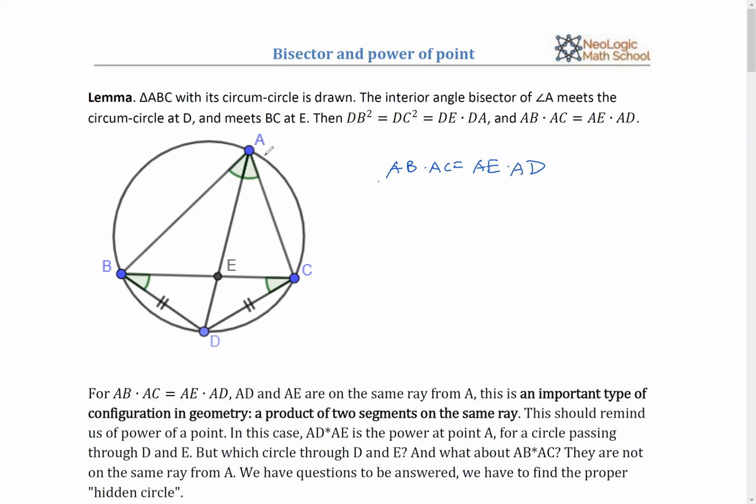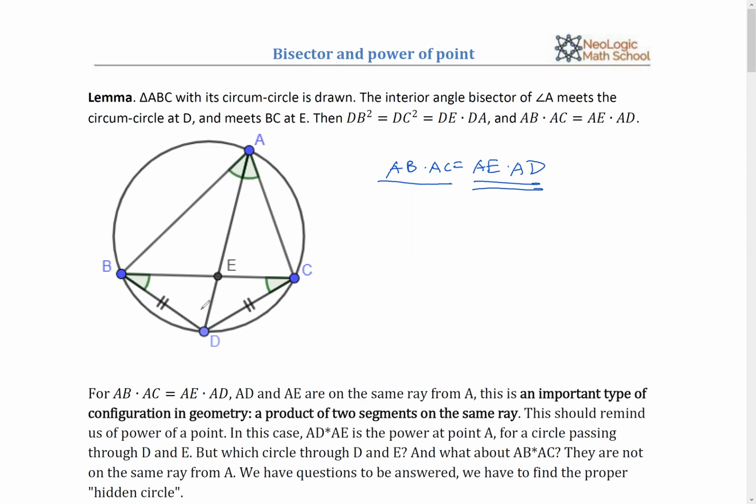AB times AC, that looks okay. However, AE times AD, I want you to pay some more attention to this. It is a very common type of configuration that shows up in geometry. A product of two segments coming out of one point on the same direction, on the same ray coming out of A, right? AE and AD are collinear, right?